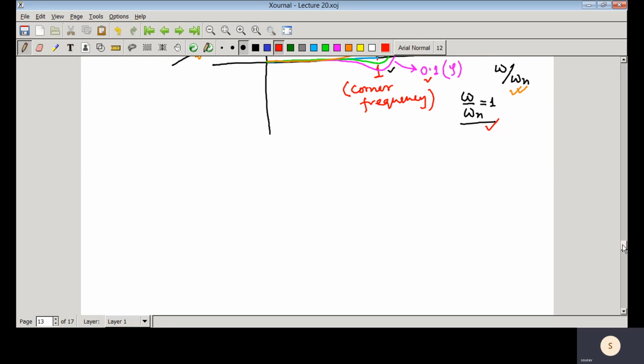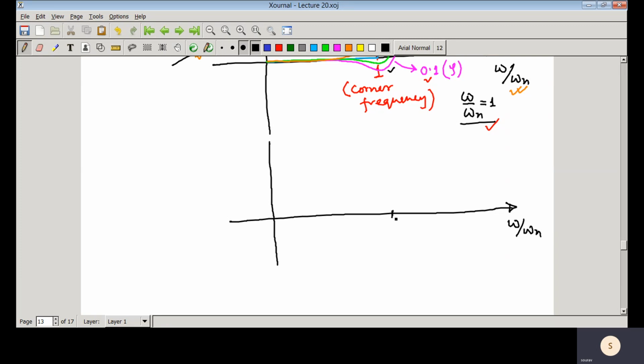So now let us see what would be that phase. As we have seen, whenever it is a second order term, it is also in the scaling form. When omega is very high, then that angle would be 180 degree, and that slope would be 90 degree per decade.